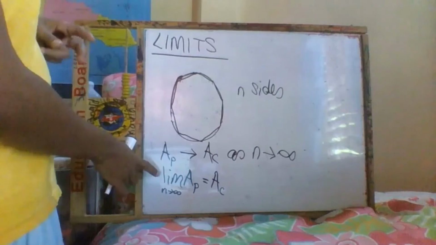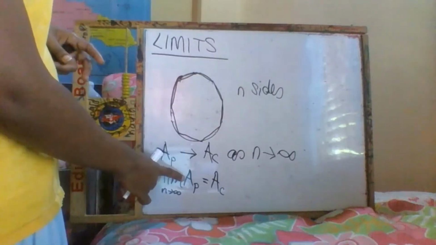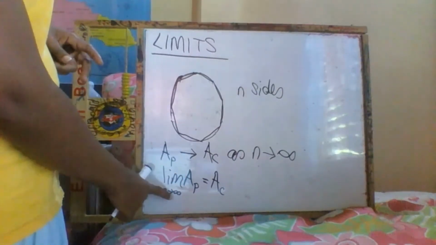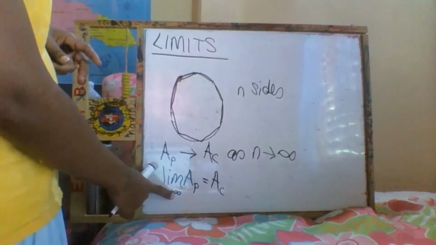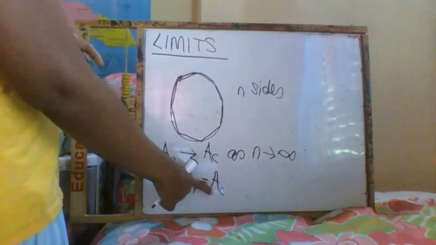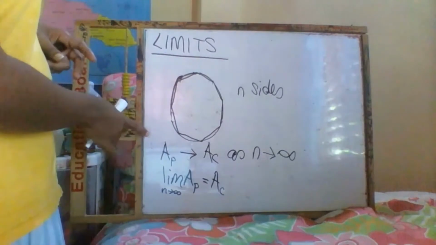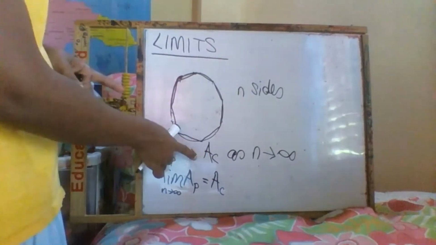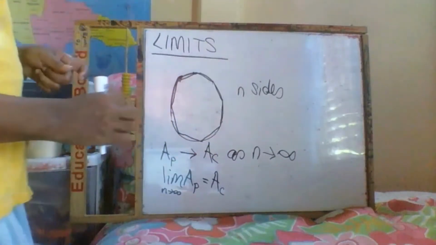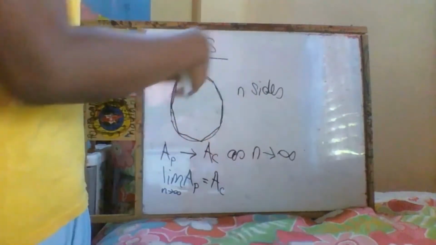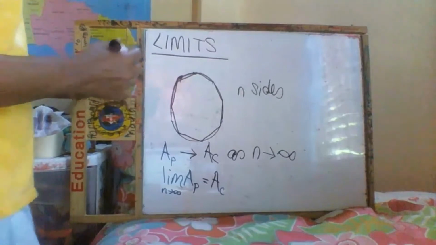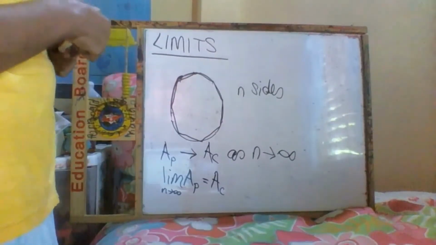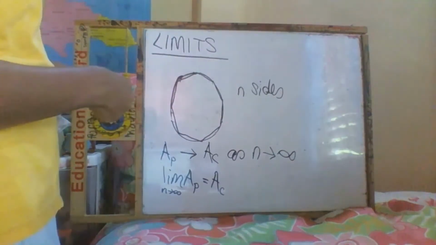The limit of the area of the polygon as n increases, or as n goes to infinity, is equal to the area of the circle. Again, in other words, the area of the polygon approaches the area of the circle as n increases without bound, right? N goes towards infinity. And that's the concept of limit.